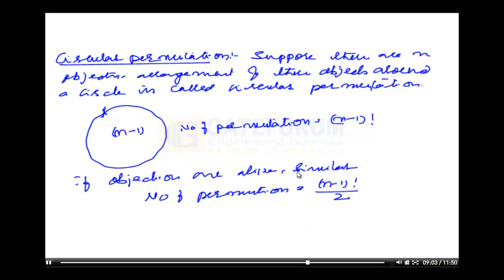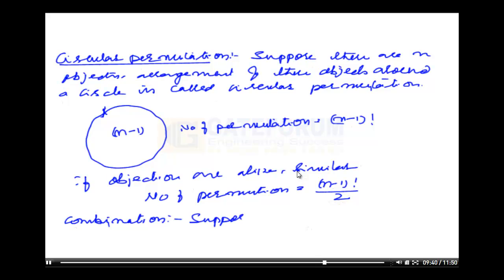In this case, if they are similar, then whether you consider clockwise direction or anti-clockwise direction, it gives the same arrangement. Therefore, it is reduced to half. Hence, the number of permutations is n minus 1 factorial by 2. This is circular permutation. Now we shall see the definition of combination.